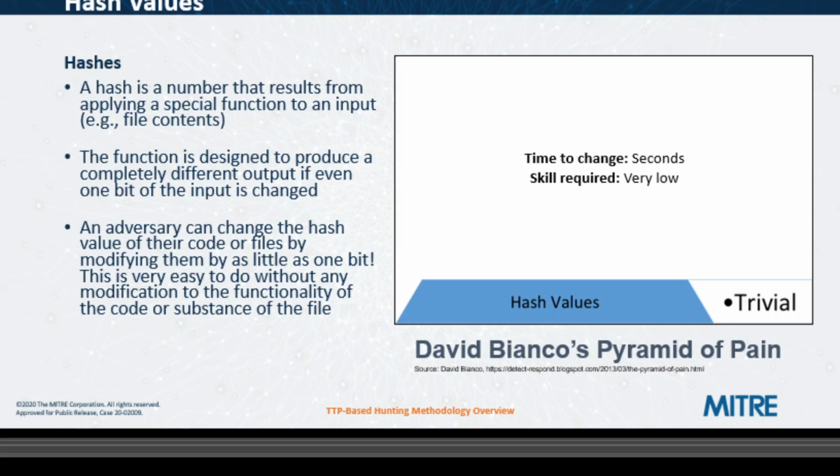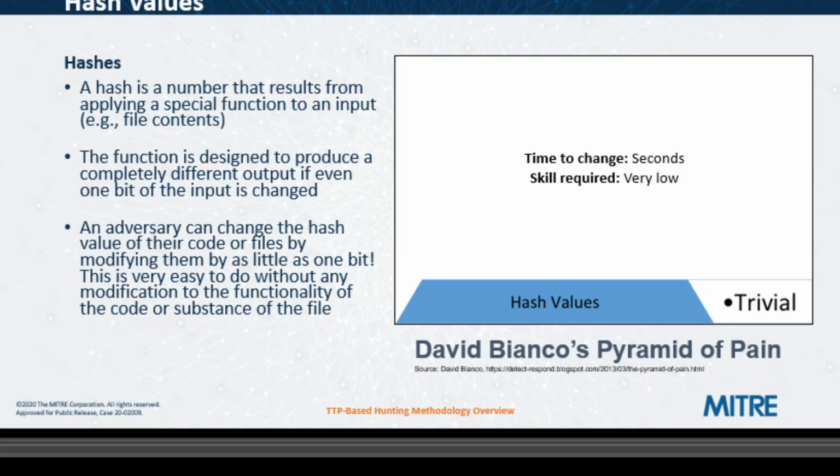Unfortunately, using that same process and that same hash value to look for malicious files makes it pretty easy for the adversary to evade you, because in the design it was ensured that even a change of a single byte would result in a different hash value.